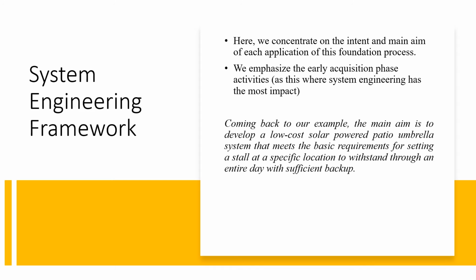Doing so would be a really efficient product for the street vendors. So that is the framework we need to develop, keeping in mind the aim, that is the objective, the problem that we are going to solve, that is going to meet the objectives of the stakeholder, that is the street vendors.